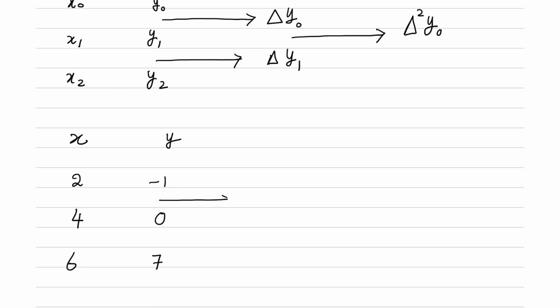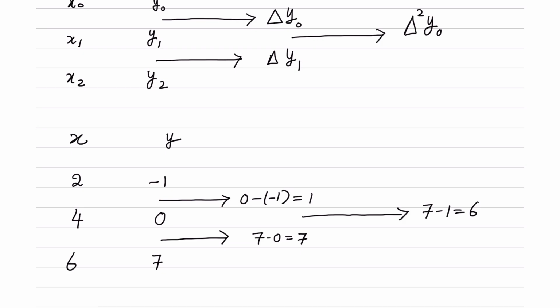You put an arrow between these two values, second value minus first value. 0 minus -1, it is 1. Arrow between these two values, calculate the difference. 7 minus 0, which is just 7. You got two values, you put an arrow between them and calculate the difference. 7 minus 1, which is 6. So that's how simply we can calculate the forward difference table.